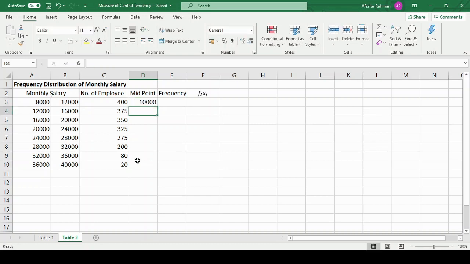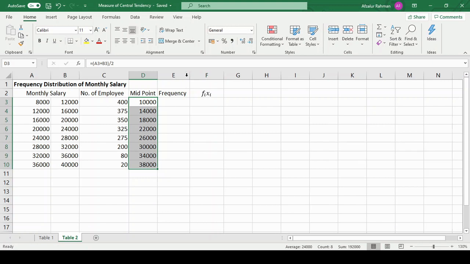This is the midpoint. In the same way, you have to calculate the midpoint of all these groups. In Excel, it is very easy: just drag it and you will get the midpoint. However, in the examination, you have to calculate manually if this question comes.